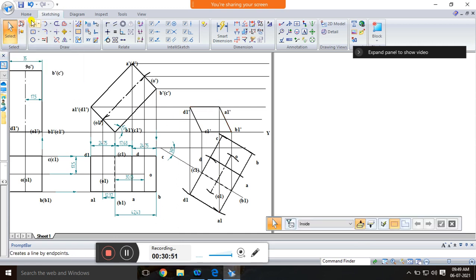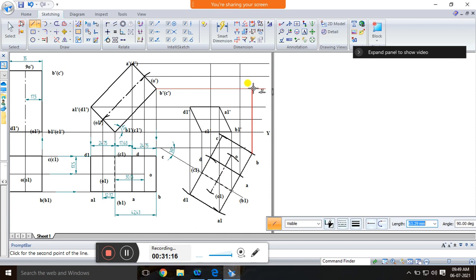Next again draw, A is here, B is here. Sorry, this is a D, so D is here, and this is a B, and B is here, and C is here.